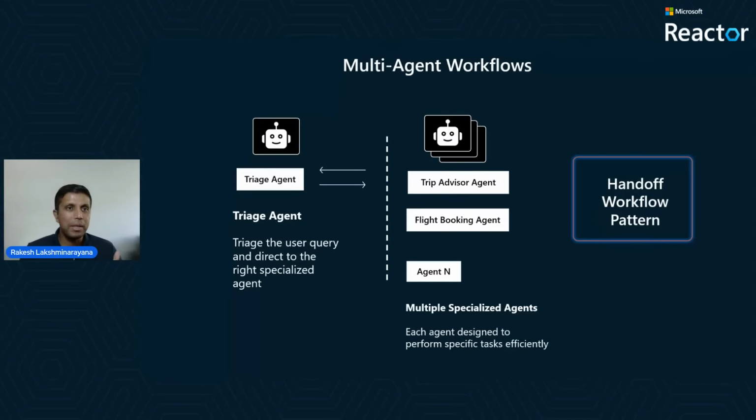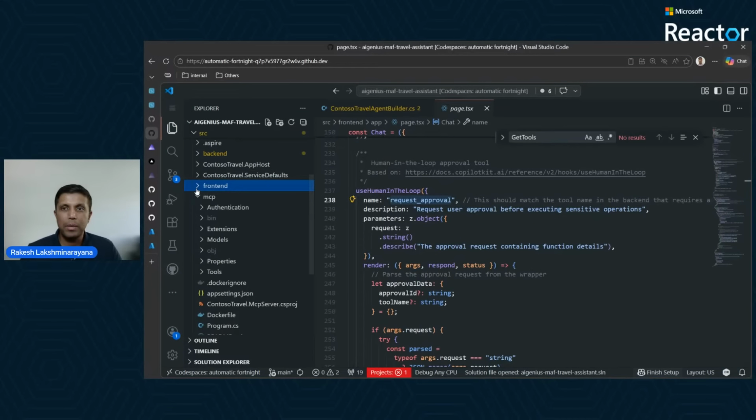In our travel assistant example, I'm using a handoff workflow pattern. So we have two agents, one that focuses on travel recommendations and the other on flight related queries. And we have a triage agent, and this is acting as a routing agent. So this is the entry point. It looks at the query and then decides which agent it should hand off the query to generate the response. So let's have a quick look at the code here.